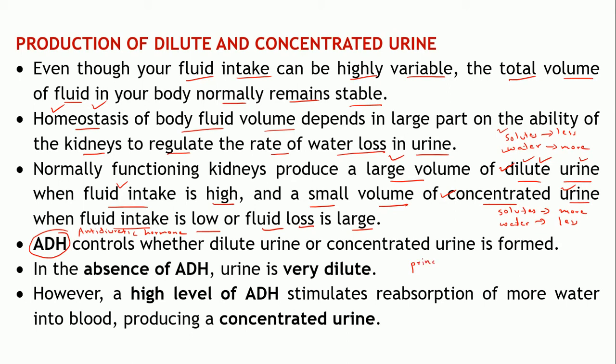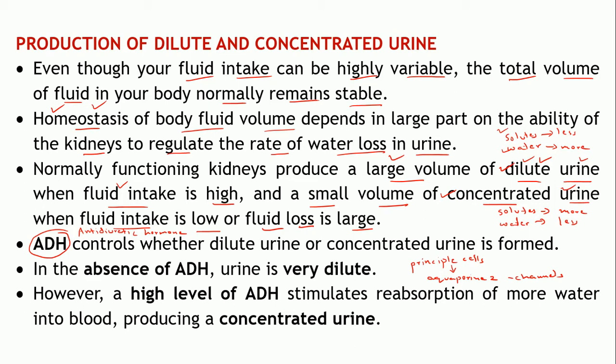The principal cells. In these cells there are receptors for this ADH. So under the influence of ADH, what happens? More and more aquaporin 2 channels are inserted in the tubules.